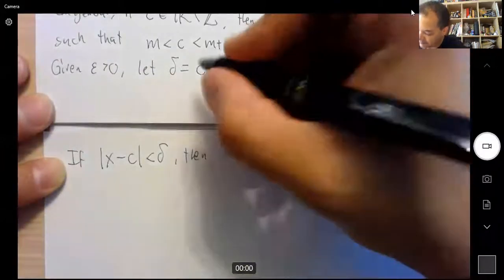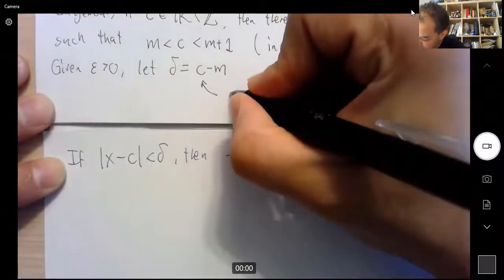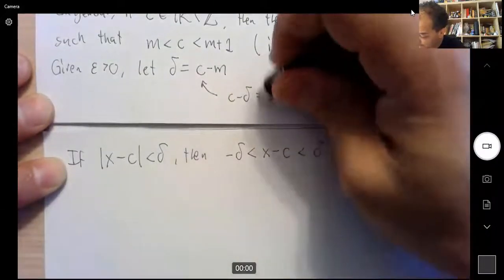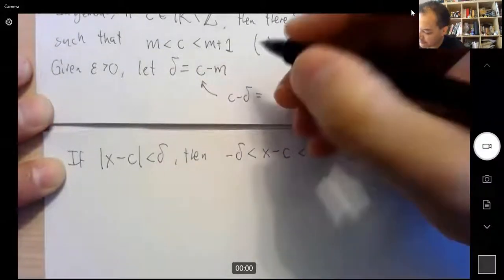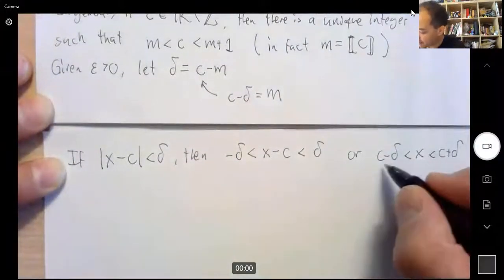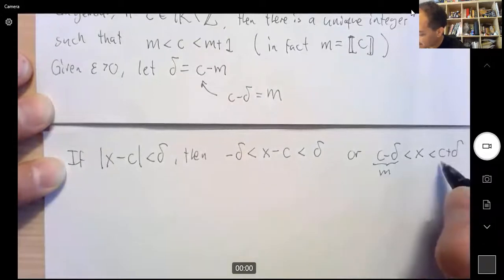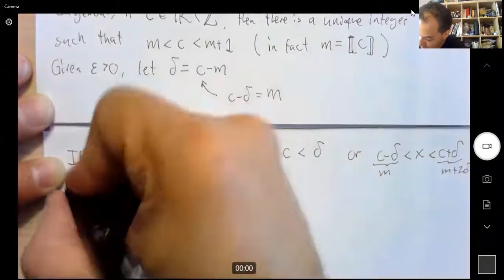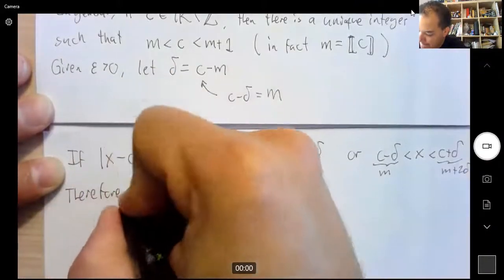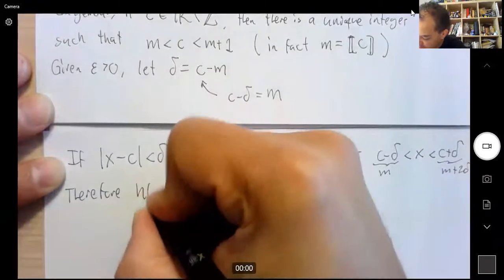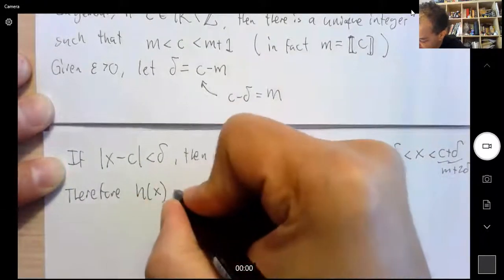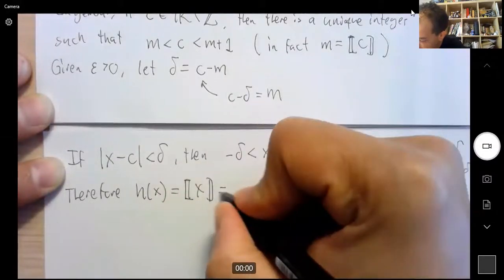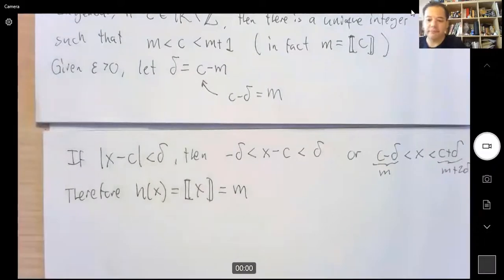Look from here. So c minus delta is actually m, right? So this is m, and so this is m plus 2 delta. Therefore, h of x will be m, right?